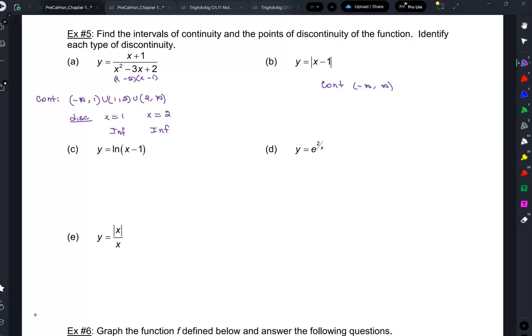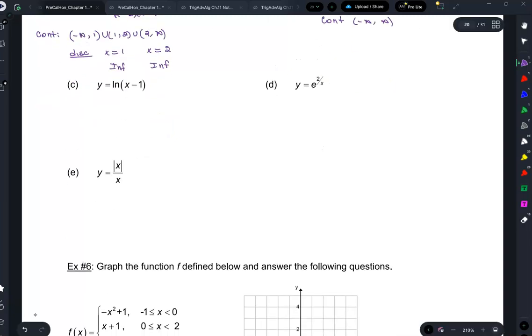Okay, here we go. ln of x minus 1. This has a shift to the right one, so you don't have to draw it, but you know the vertical asymptote is now here, so this looks like this.